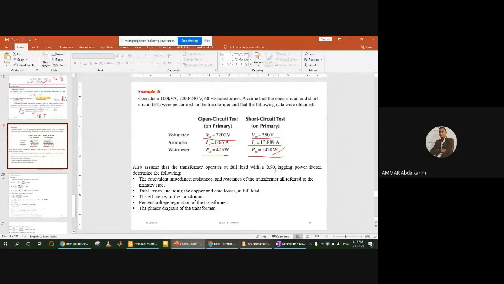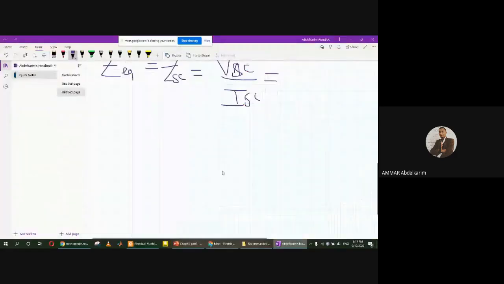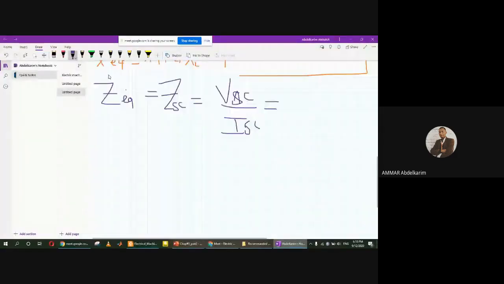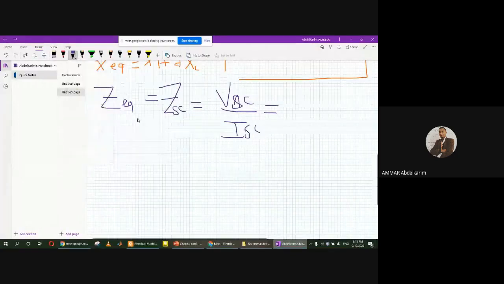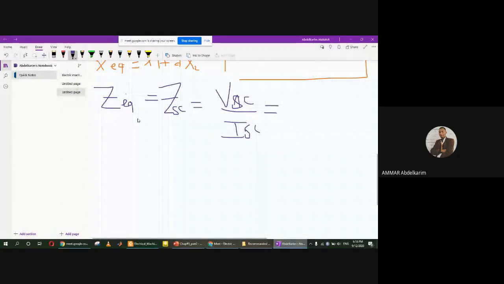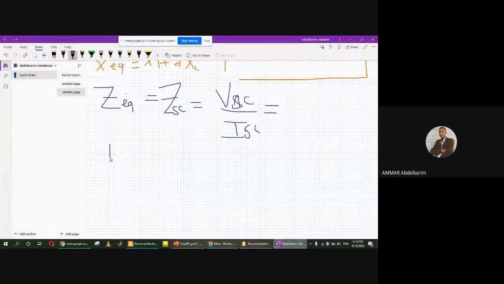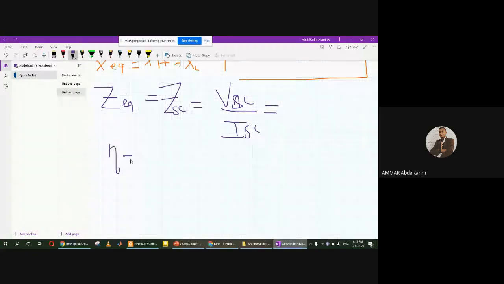Assume that the transformer operates at full load with 0.9 lagging power factor. So this is our load. We cannot calculate the efficiency if we don't have a load, because then we don't have an output power. So this is the efficiency, equals to P out.